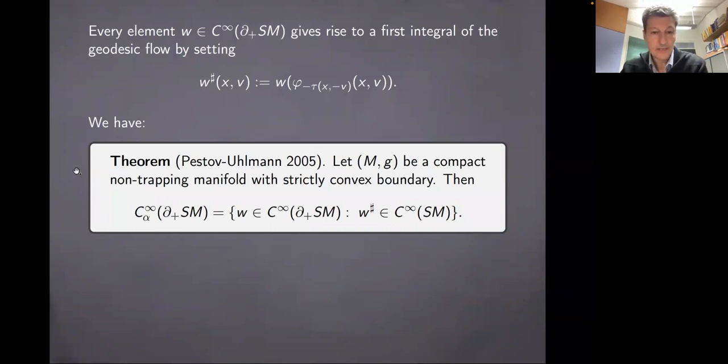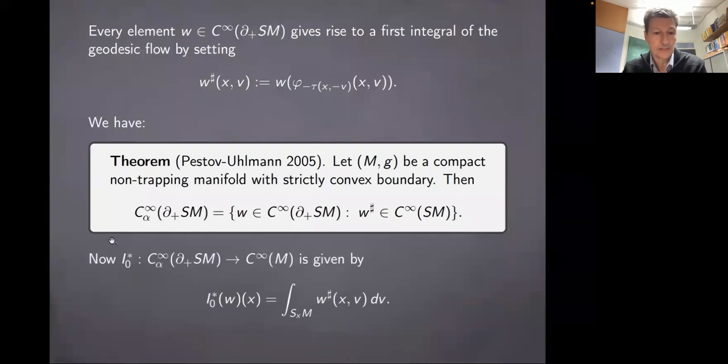So once you have identified that space, the adjoint has a very nice expression. It goes from the space C-infinity alpha into C-infinity functions on M, in which you essentially integrate over all the fibers of this first integral.